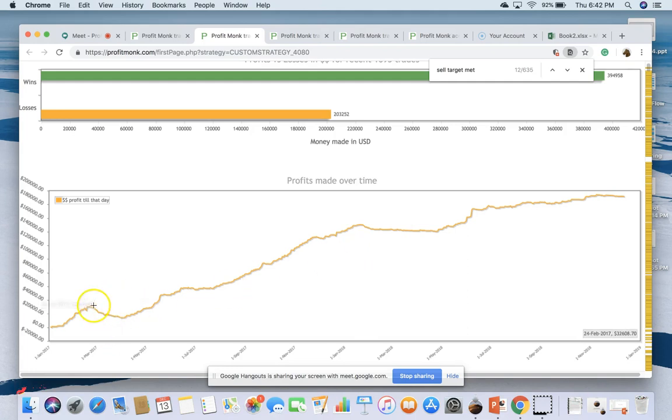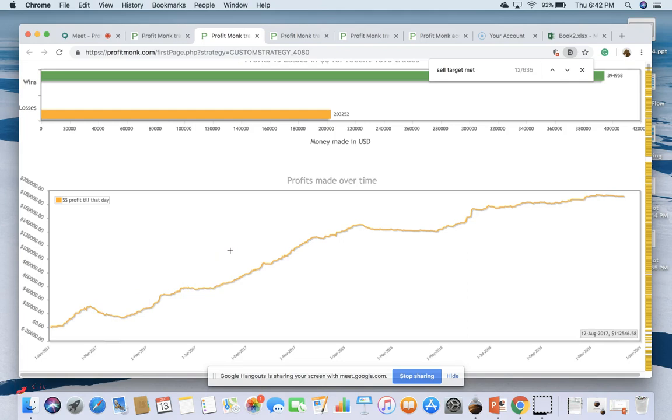The worst drawdown you see is way back in February 2017, where you made lots of profits, and then it came down from 30,000 of profits to about 15,000. I don't remember what happened here, but this was the absolute worst drawdown that we see in this strategy.